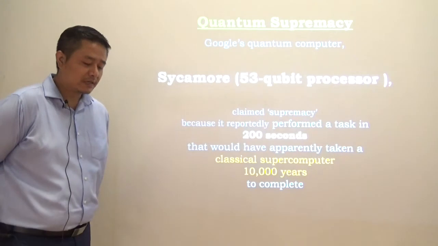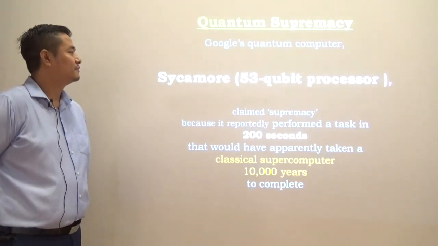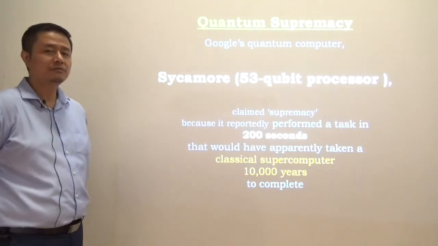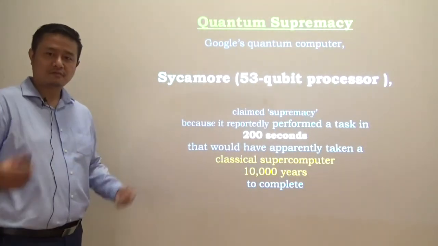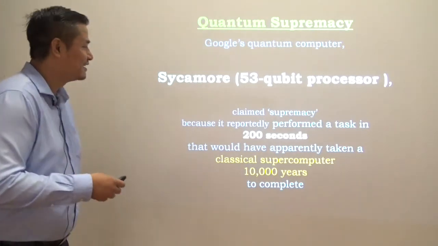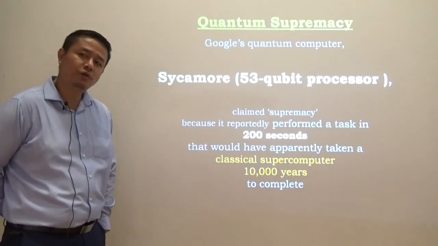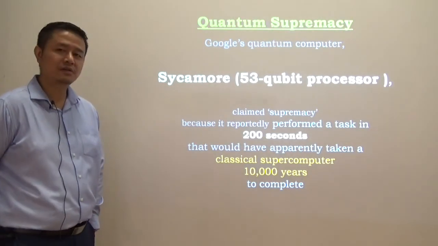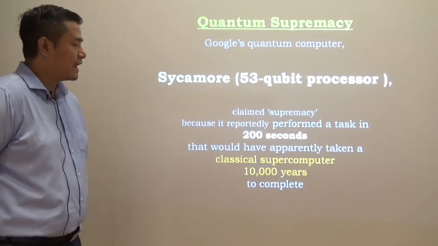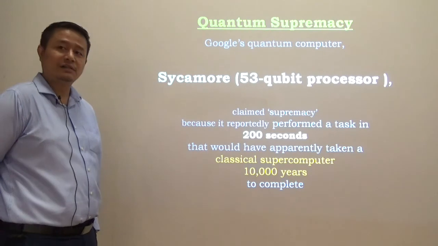In 2019, Google claimed quantum supremacy with their quantum computer called Sycamore, a 53-qubit processor. It's a processor, okay? It reportedly performed a task in only 200 seconds, so less than 5 minutes. That would have apparently taken a classical supercomputer 10,000 years to complete.